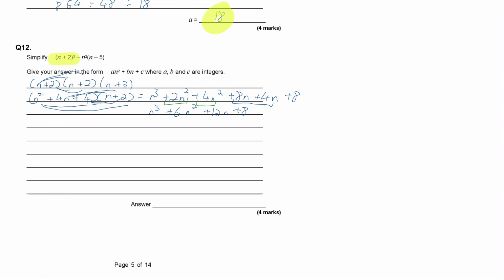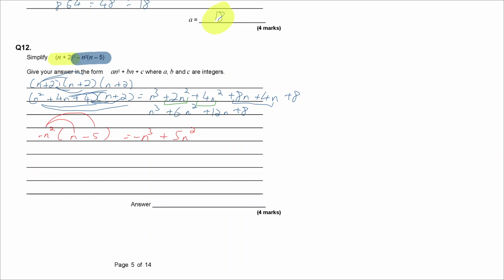Good. And then I've got to consider the second part, which is this over here: minus n² bracket n minus 5. That one's really easy to consider. Expand the brackets. Minus n² times n is minus n³. I've then got minus n² times negative 5, which will be positive 5n².